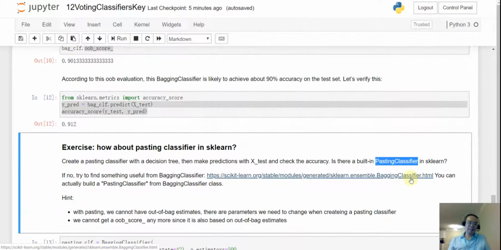So the next question is, why can't we have a pasting classifier? The answer is, we can change the bagging classifier into a pasting classifier. Take a look at the documentation, and you will be able to find how to draw the samples with or without replacement.